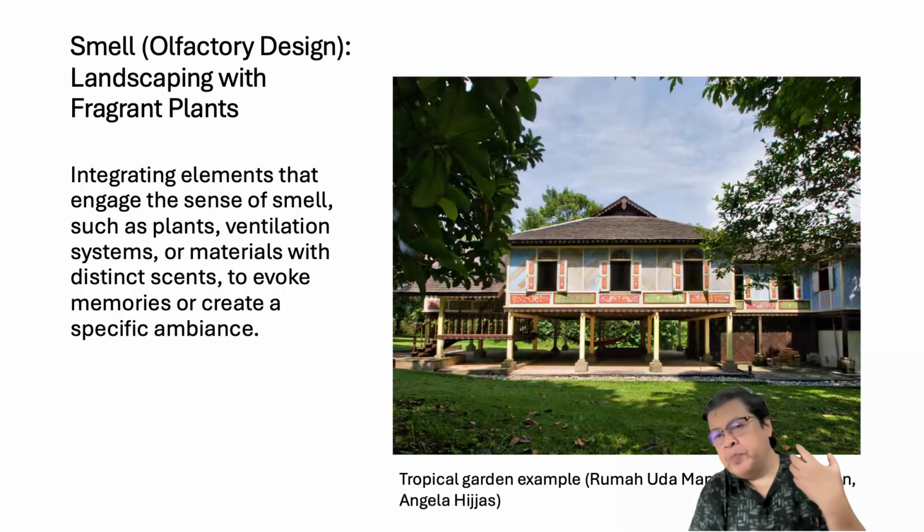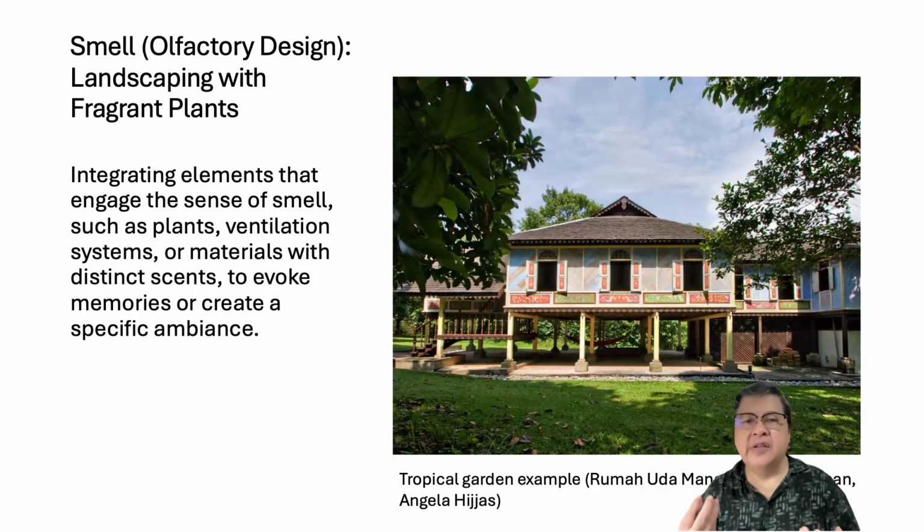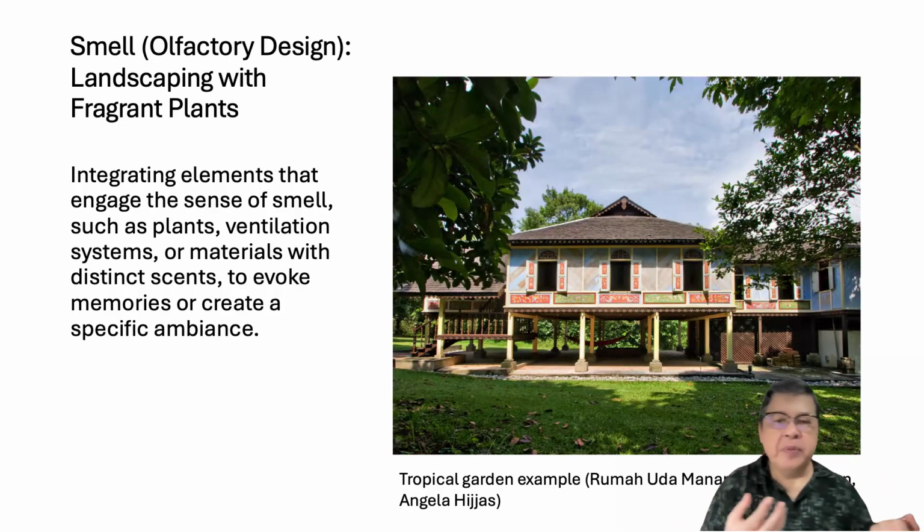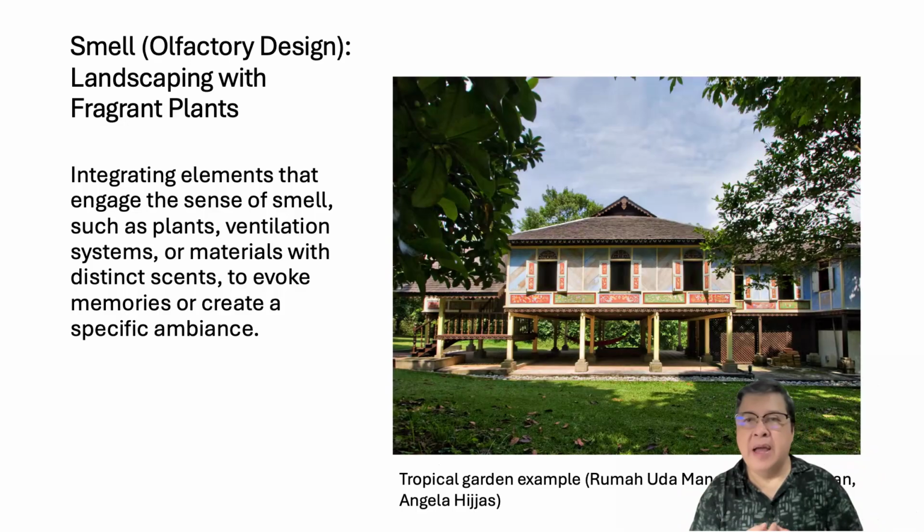And it's much more telling in this traditional Malay house called the Rumah Uda Manap at the Rimbun Dahan by Angela Hijjas, who is the wife of Hijjas Kasturi, a famous architect in Malaysia. Around this traditional Malay house is a large expanse of tropical garden, with a lot of variety of plants.